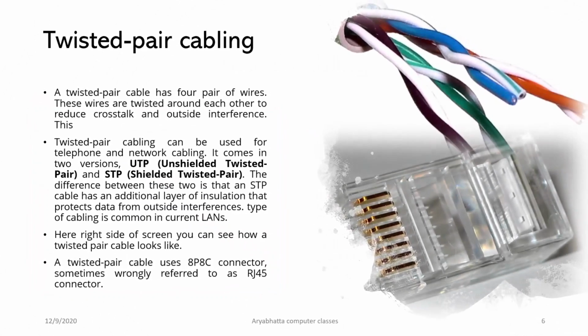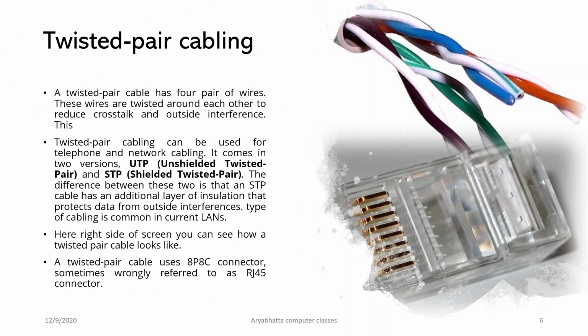Second, we have twisted pair cabling. A twisted pair cable has four pairs of wires. These wires are twisted around each other to reduce crosstalk and outside interference. This twisted pair cabling can be used for telephone and network cabling. It comes in two versions, that means twisted pair cable is of two types: one is UTP, unshielded twisted pair, and another is STP, shielded twisted pair.